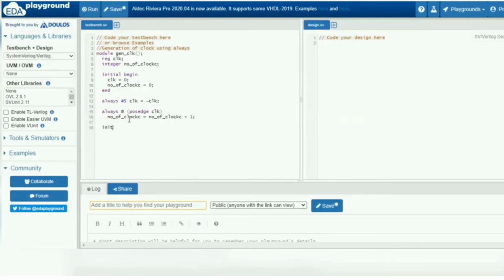And another initial block I am considering to display the values. I am considering the monitor here to display every change of the value.